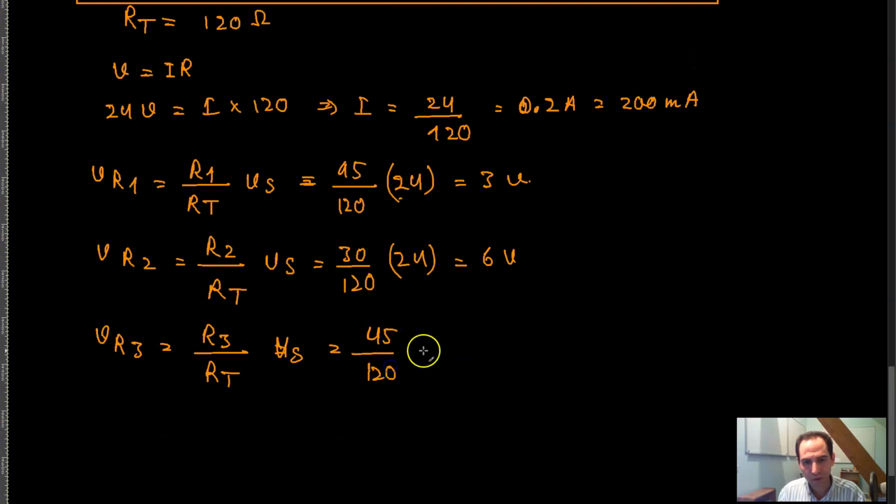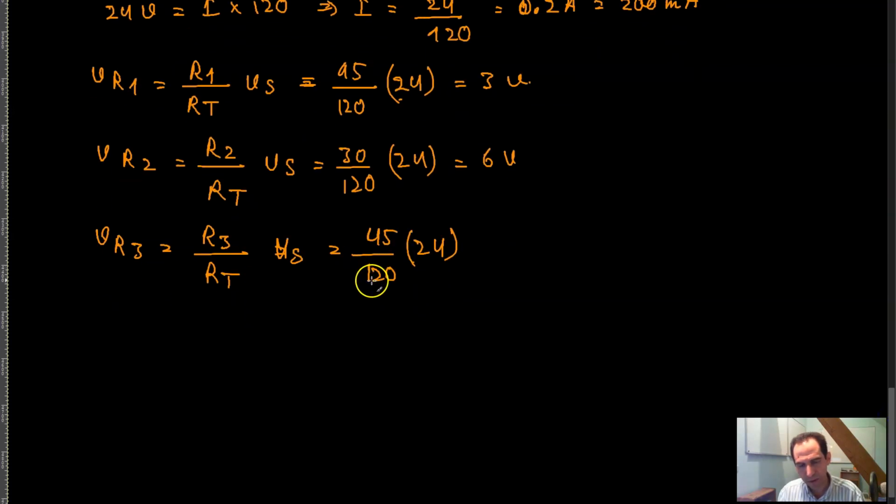So 45 over 120 times 24. 120 divided by 5 is 24, and 45 divided by 5 is 9.